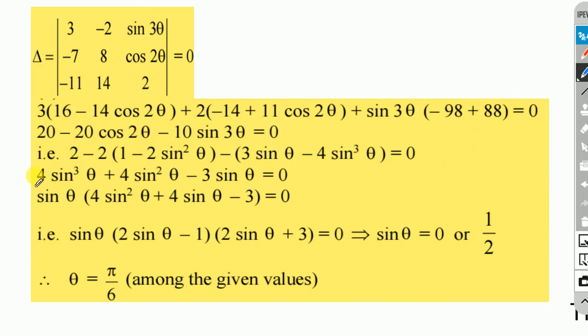So we'll simplify this. 16 into 3 is 48, and 2 into 14 is minus 28. 48 minus 28 is 20 here.